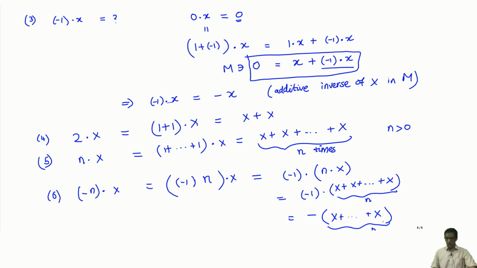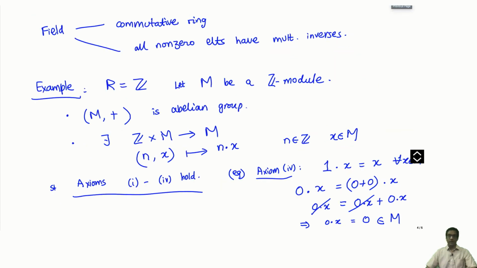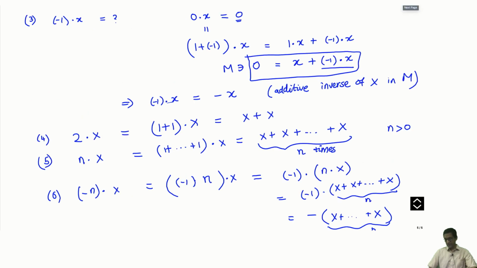Okay, so what does that mean? What have we managed to do so far? Just starting with the axioms, we never used anything more. We have figured out that there is really only one possible map that you can define which satisfies these axioms. The map Z cross M to M is almost forced in some sense, right? n dot x, I have figured out, has to be one of these.